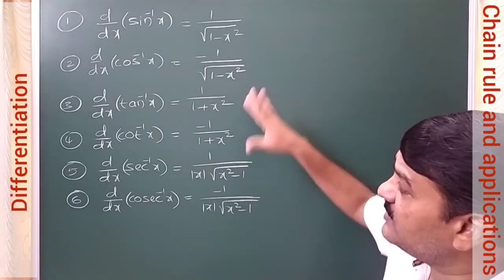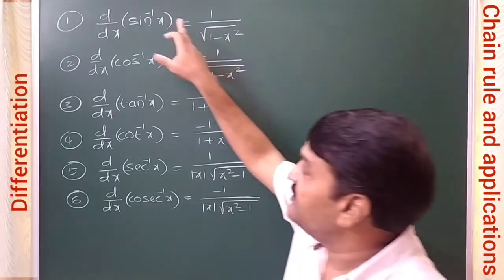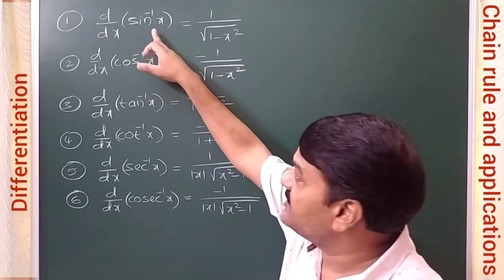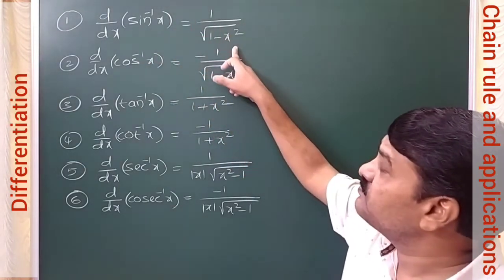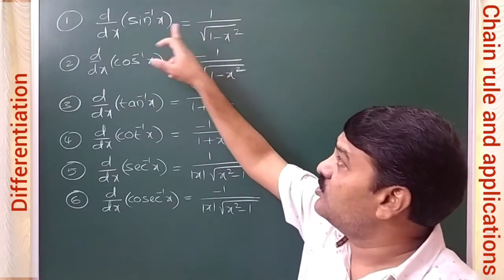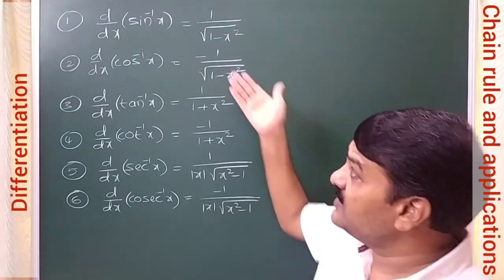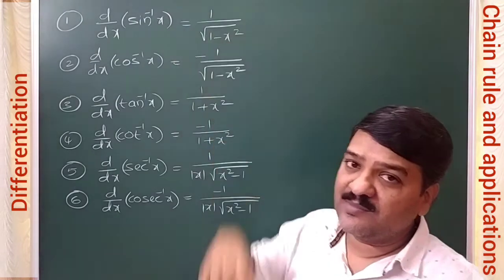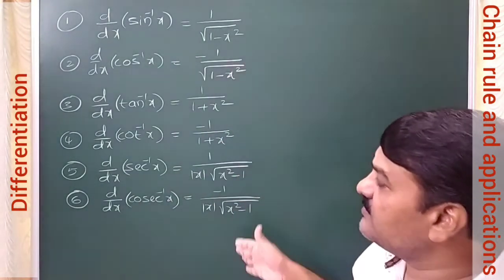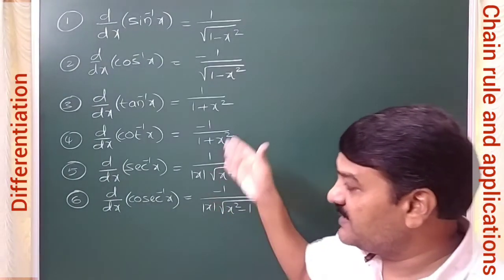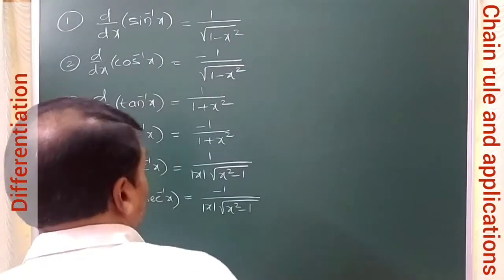All these formulas are defined within the domain of the inverse trigonometric function. For example, the derivative of sine inverse x is defined only when x is between -1 and 1, because that is the domain of this inverse trigonometric function. So all the formulas are defined within the domain of the respective inverse trigonometric functions.